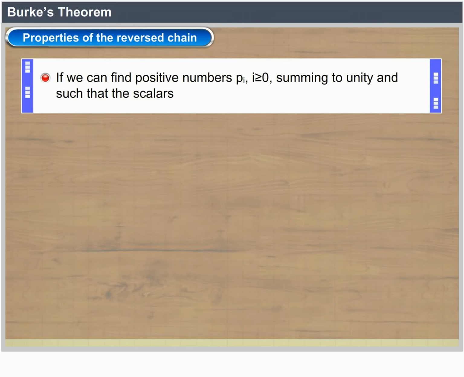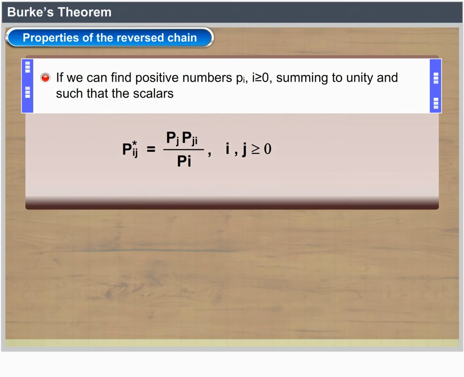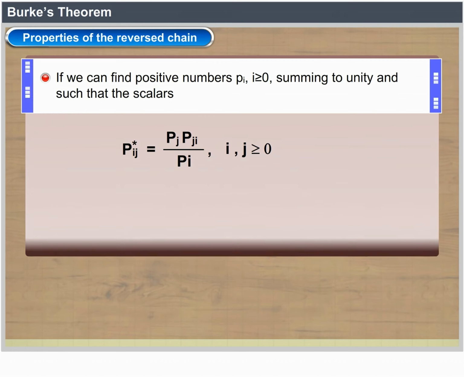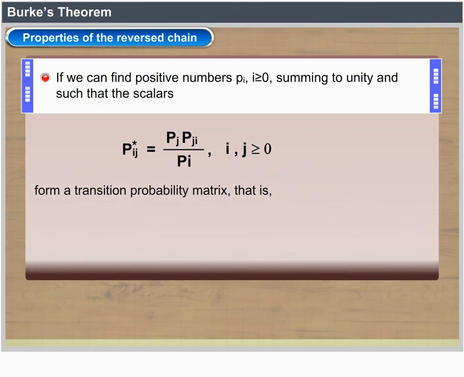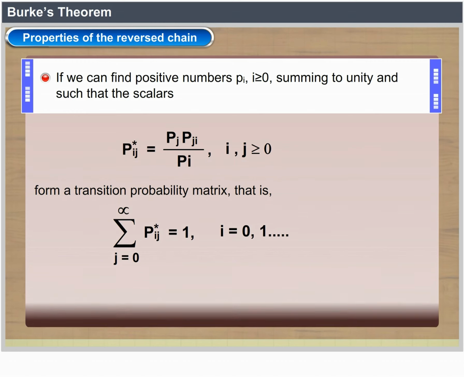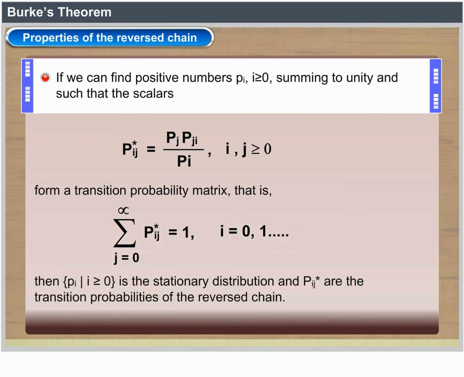If we can find positive numbers P_i, i greater than or equal to 0, summing to unity and such that the scalars P_ij star is equal to P_j P_ji divided by P_i, i, j greater than or equal to 0, form a transition probability matrix, that is, the sum over j equals 0 to infinity of P_ij star is equal to 1, i equals 0, 1, and so on, then P_i, i greater than or equal to 0, is the stationary distribution and P_ij star are the transition probabilities of the reversed chain.